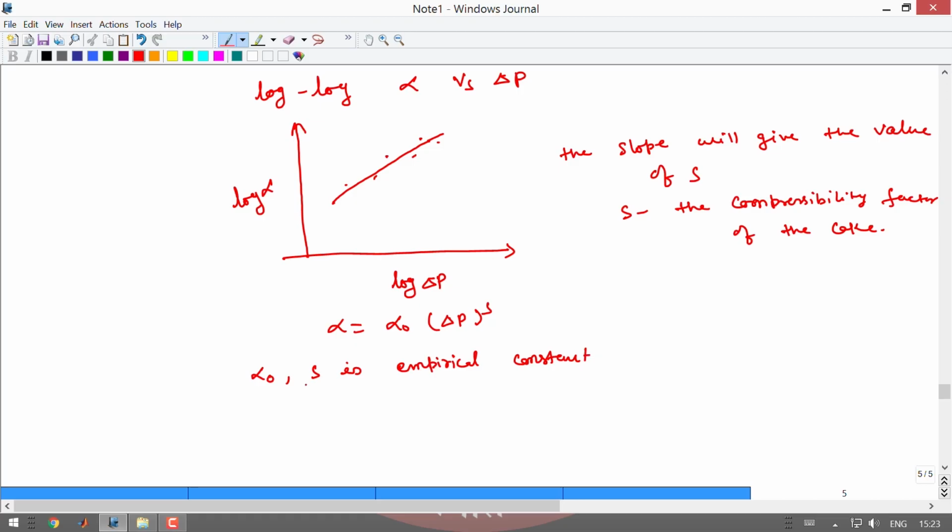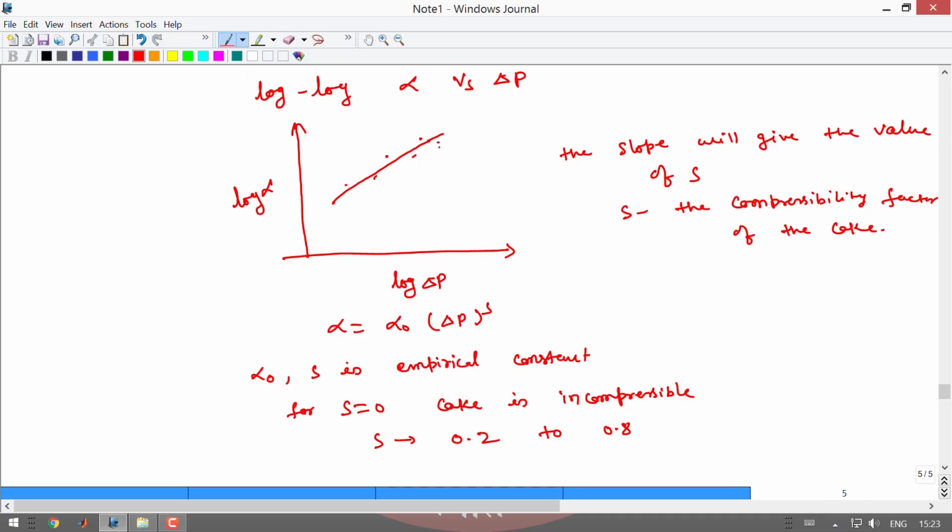Normally for s equal to 0, cake is incompressible, and normally the value of s varies from 0.2 to 0.8. For s being positive, the cake will be compressible.